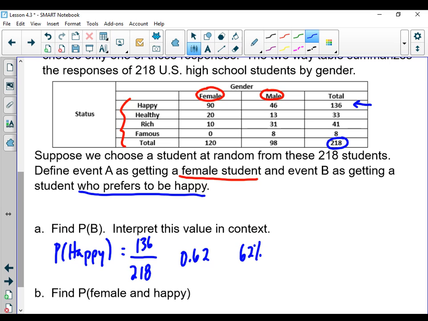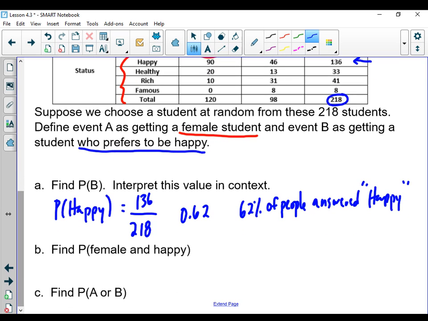That would be 62%. So if I'm asked to interpret this, basically we're saying that 62% of the people answered happy. Or if I were conducting this survey, I would expect 62% of the people to say they wanted to be happy.